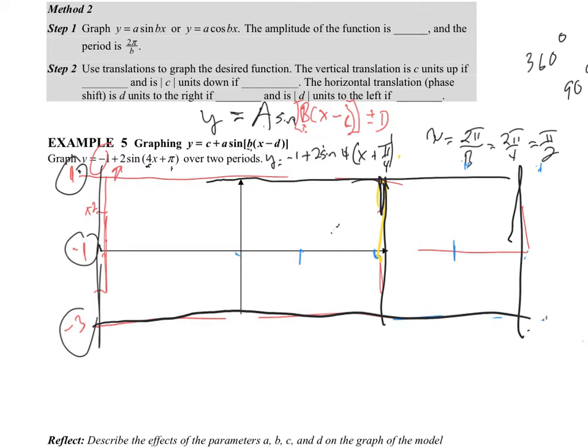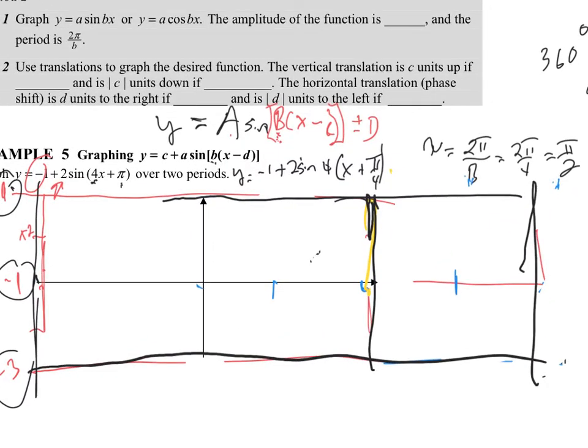So if this is going to be one cycle, where does it start? It starts at, that's a plus pi over 4. So that means it's starting at negative pi over 4. That's where it starts.